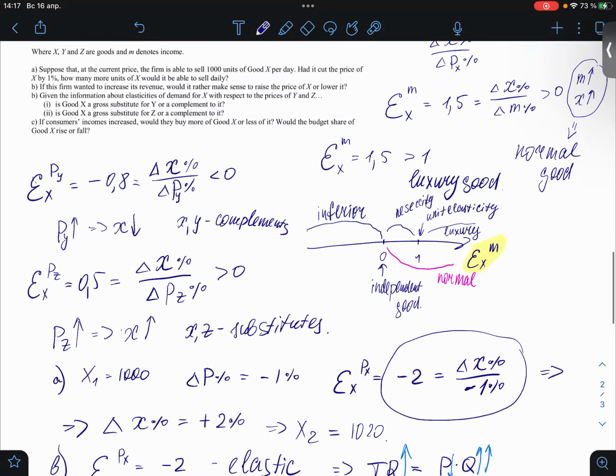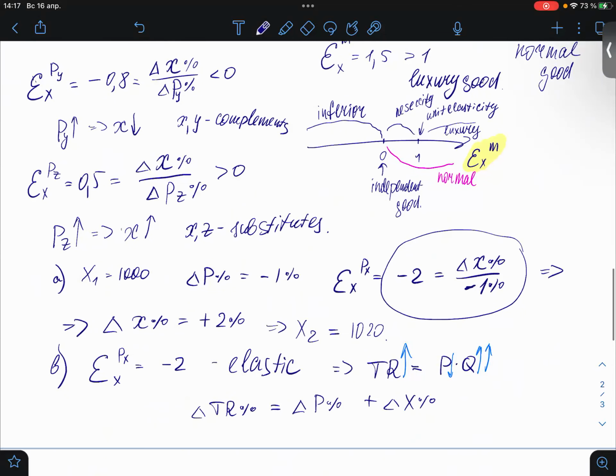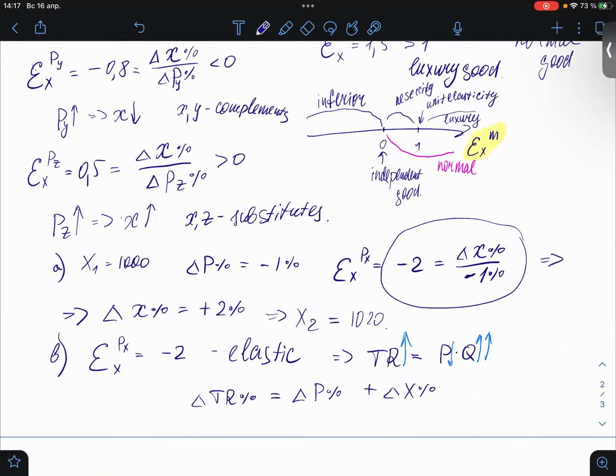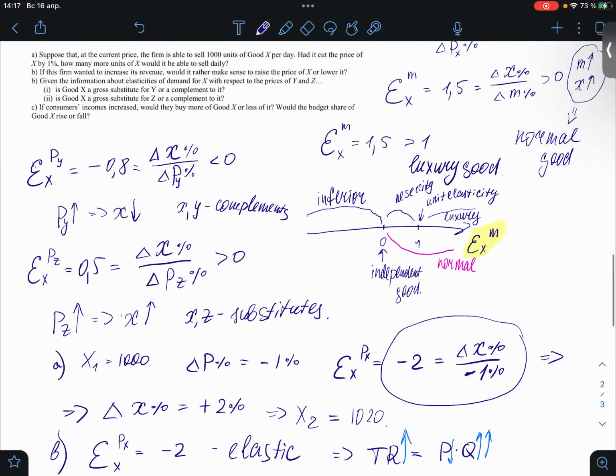For example, if we lower the price by 1%, we know that quantity demanded will increase by 2% according to elasticity, and the total revenue will increase by 1%. Minus 1 plus 2, it's plus 1%. Good, it was point B.